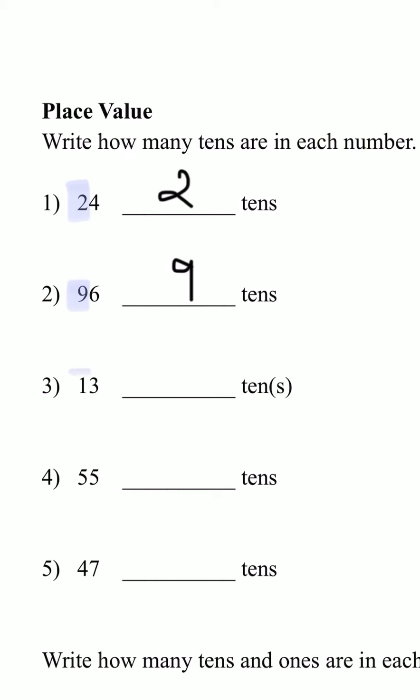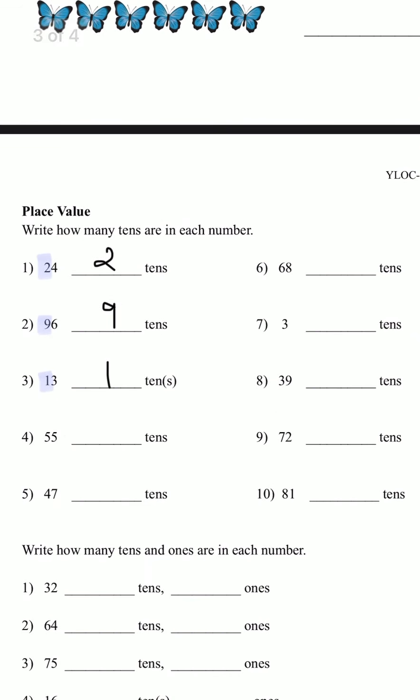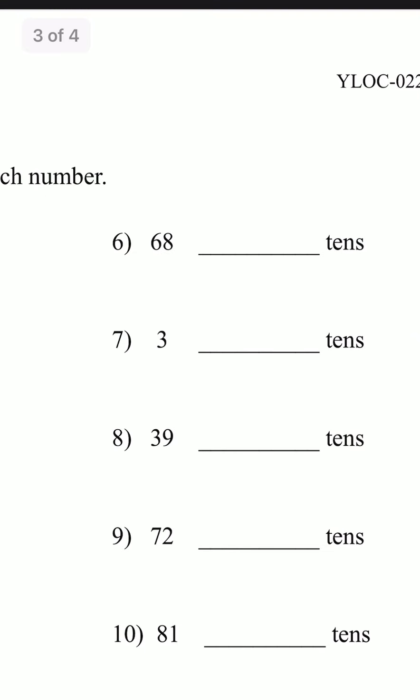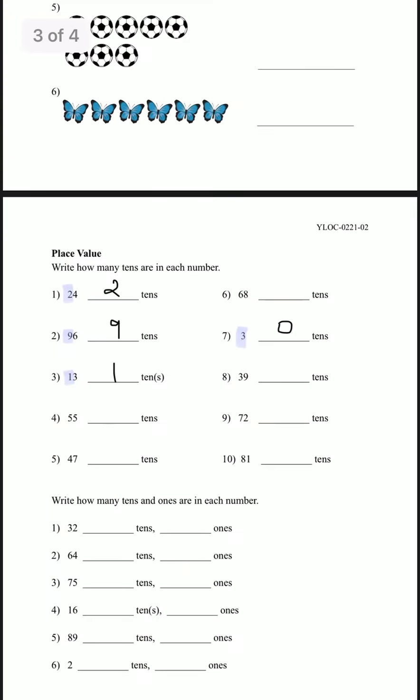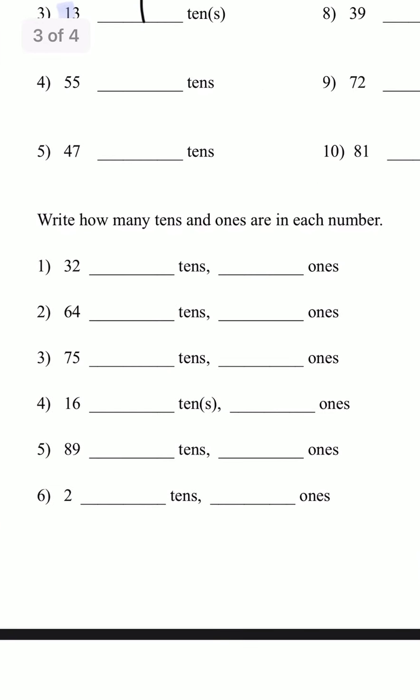And if you look at the tens place, we have 1, right? So we just put 1 ten. And number 7, we just have a number that is 1 digit, and it does not have any tens place, so we're going to write 0 tens.